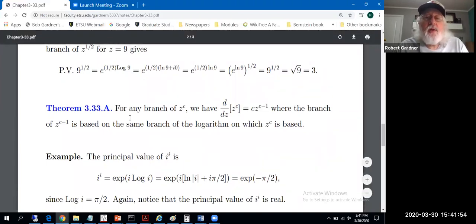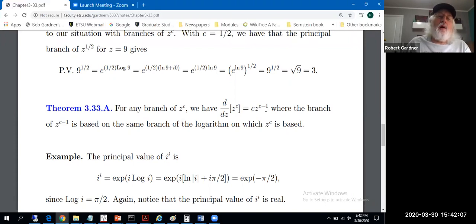The theorem here claims that we can differentiate z to the c as defined above and get c z to the c minus 1, bring the exponent down, subtract 1 from the exponent. That sure rings a bell. We have established it in here for that exponent an integer. I think that's all we've done so far in terms of establishing this relationship.